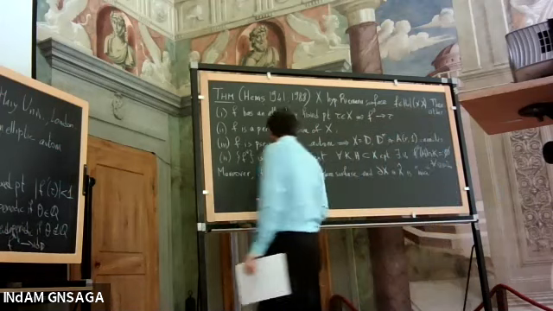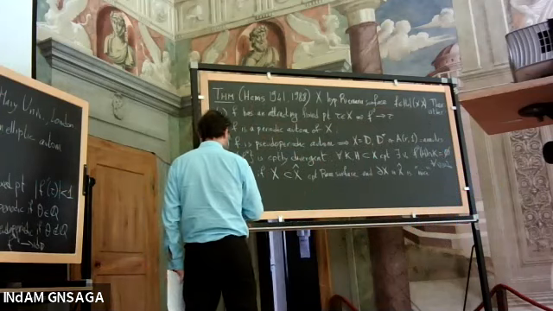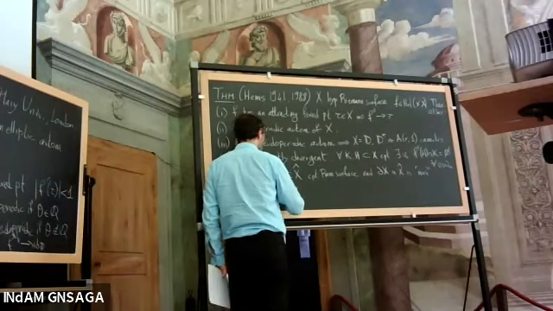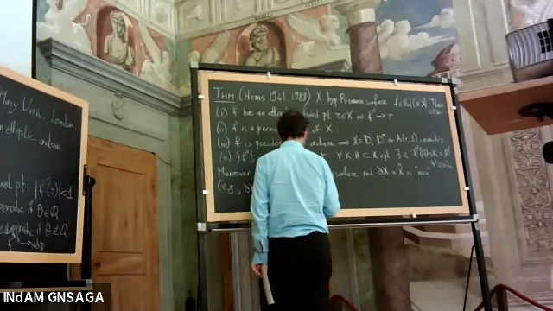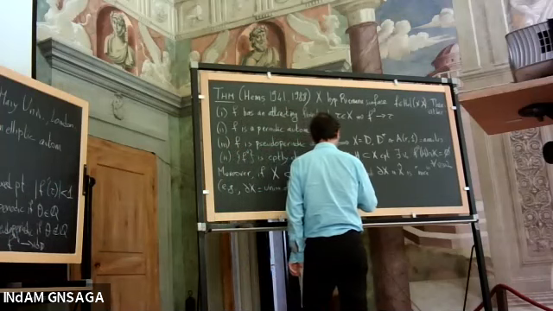Well, there are several possibilities, but let's say, for instance, that the boundary of X is the union of Jordan curves and isolated points.